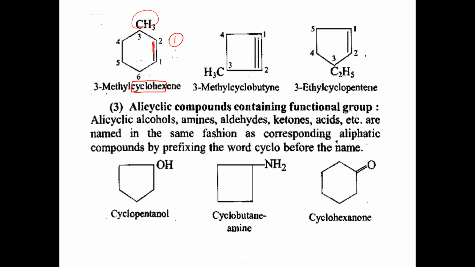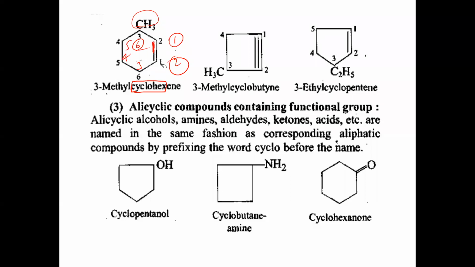Suppose you take number 1 here, number 2 here. Here also the first carbon is given to the double bond. Suppose first carbon, second carbon, third, fourth, fifth, sixth carbon will come. Now 6-methyl is coming here. Is 6-methyl preferable or 3-methyl preferable? 3-methyl is preferable. So the lowest possible number should be given to the substituent.